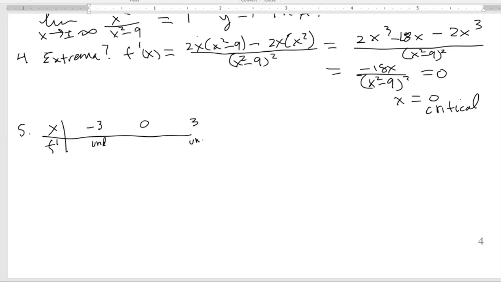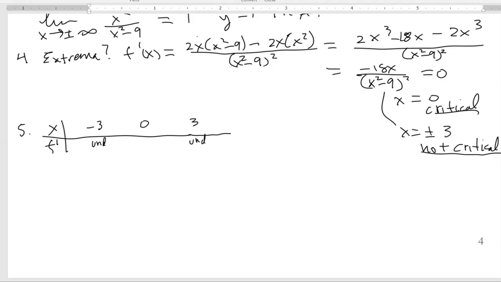This is undefined. Does not exist at those zeros. Remember, this was critical. X equals plus or minus 3 are not critical since they don't exist in the domain. Even though you would normally check for those, I think it was fairly obvious that they were not going to be considered, but they are in my partition list here, and I will test around them.